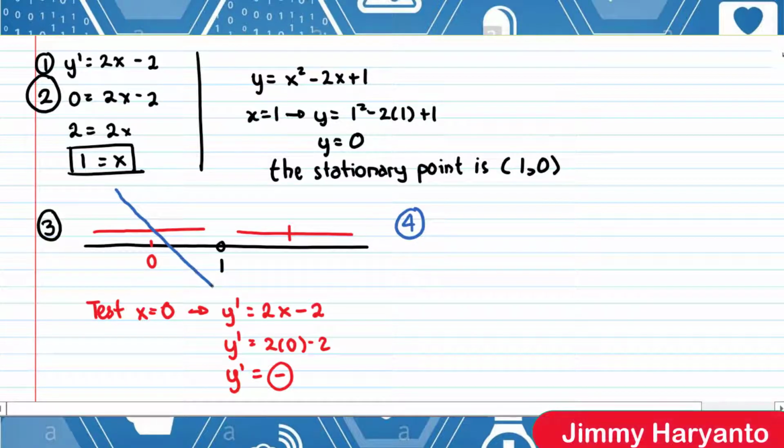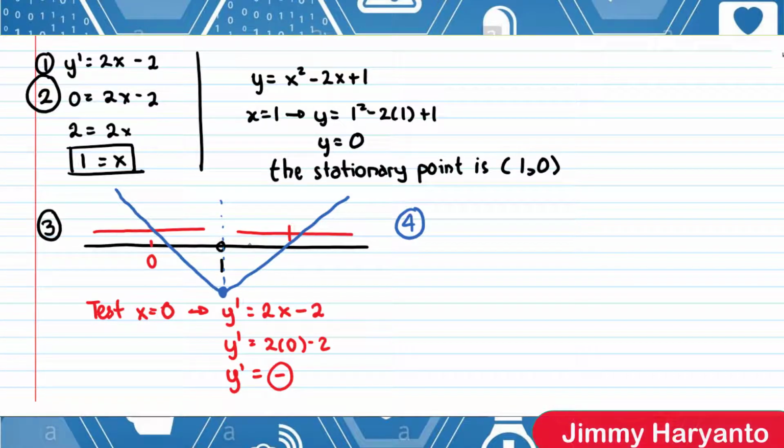I will sketch it like this, and then at x equals 1, the decreasing state will change into increasing state, because after x equals 1, the sign is positive. Negative, positive, decreasing, increasing. Please memorize that.